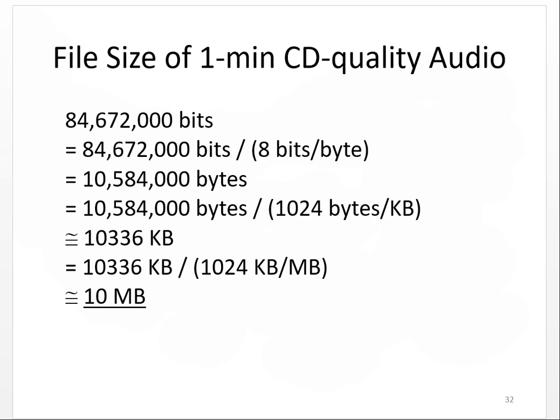We always take the size in kilo, mega or gigabytes. Now we need to change kilobytes to megabytes. Again, 1 megabyte is equal to 1024 kilobytes, so dividing, the result will be nearly 10 MB.